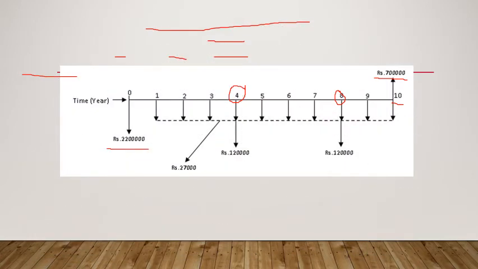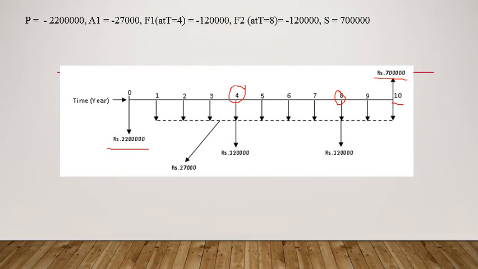Now let us see the solution of this cash flow diagram. P is equal to minus 22 lakhs, A1 is equal to minus 27,000, F1 at t is equal to 4 minus 1,20,000, F2 at t is equal to 8 minus 1,20,000, and salvage value of plus 7 lakhs.